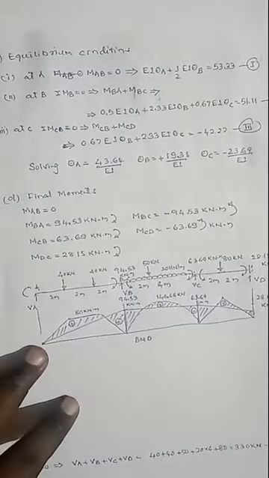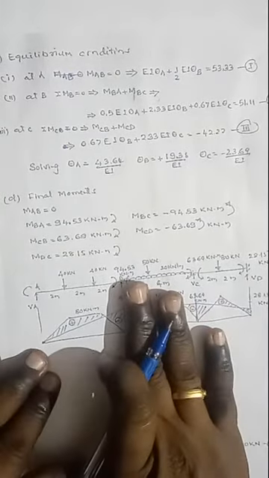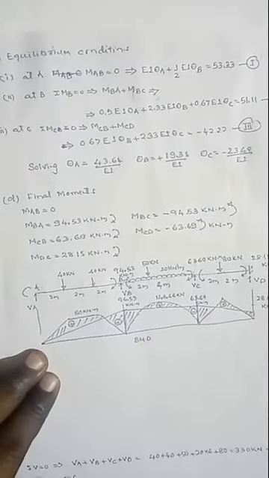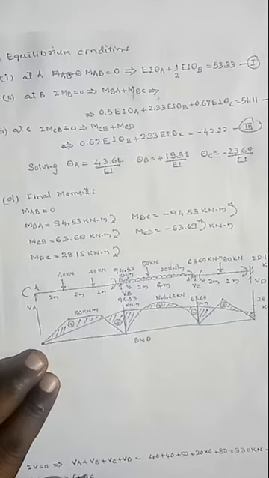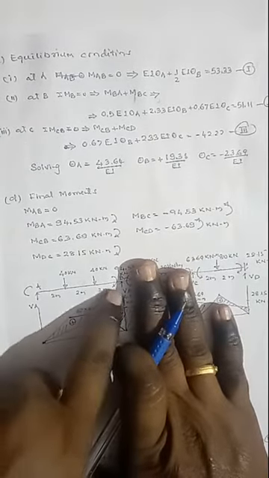Then by taking moments of all the forces about B, that equals 0. Here only consider LHS. In LHS there are 1, 2, 3, 4 moments.